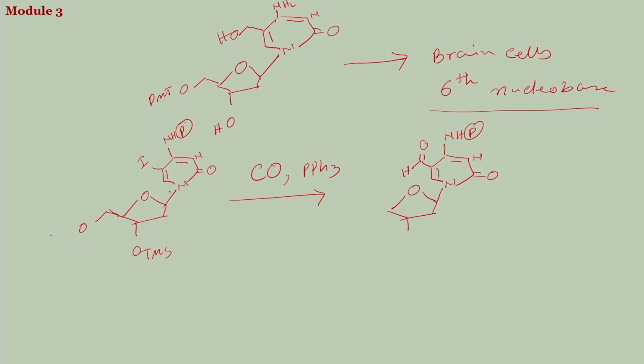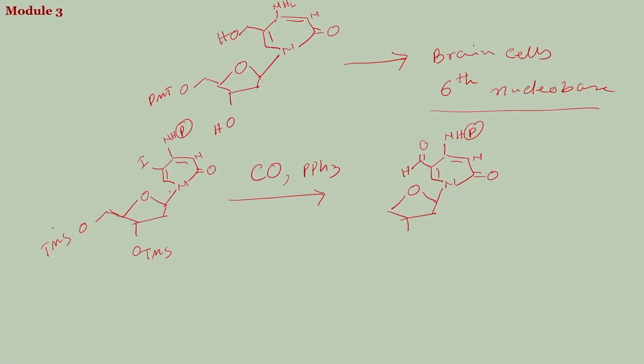Either you can do TMS, or as we have seen, you can also use the bridged one, TIPDSCl, TBDMS chloride with the disilylation, which goes to the 1 and 3 positions, that also you can do, or if you treat it with TMS, both will be protected.